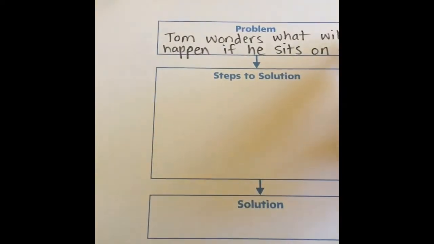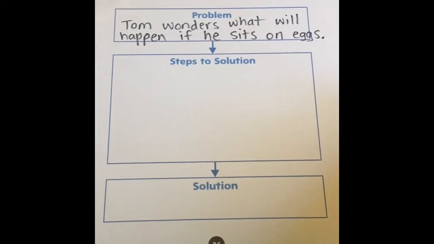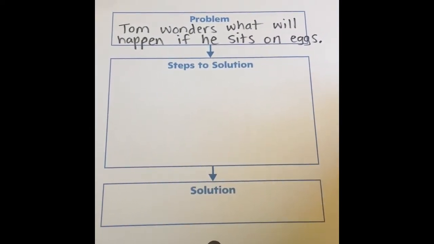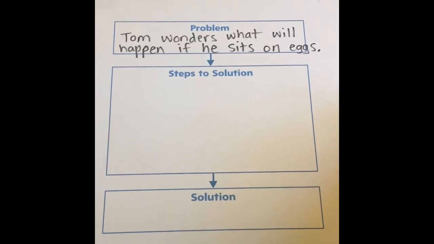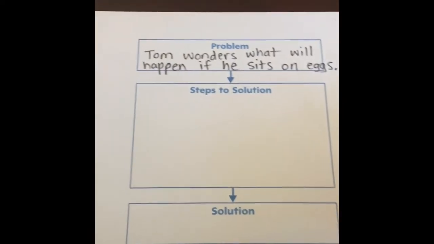Here's my chart. I already listed the problem. Tom was wondering what will happen if he sits on the eggs. Now his first step was he made a nest.